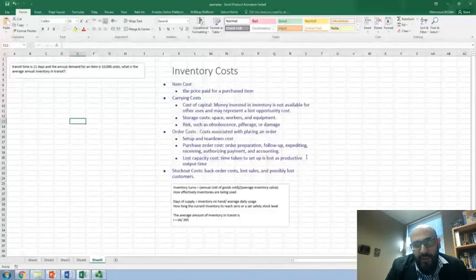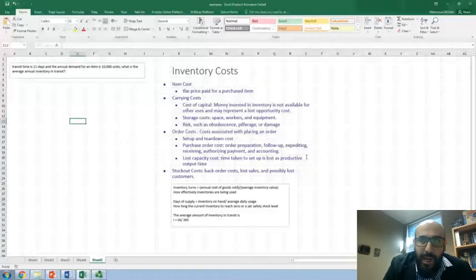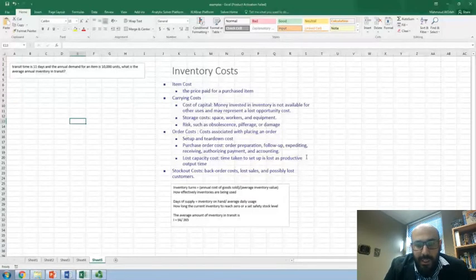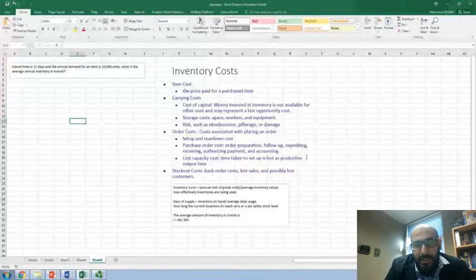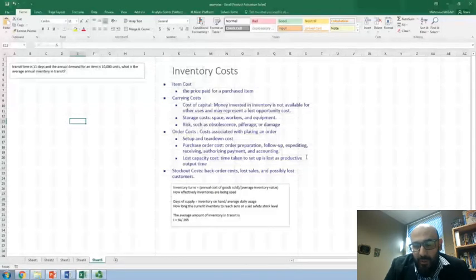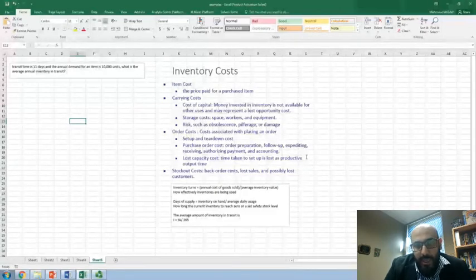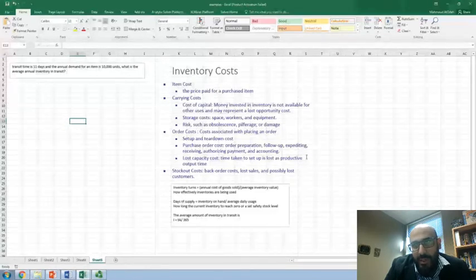We have inventory that is not in our warehouse, it's on the road, on the way to the customer, and it can be calculated by T times A divided by 365. T is the transit time, how many days you are on the road, and A is the annual demand. 365 is because we have 365 days in the year.